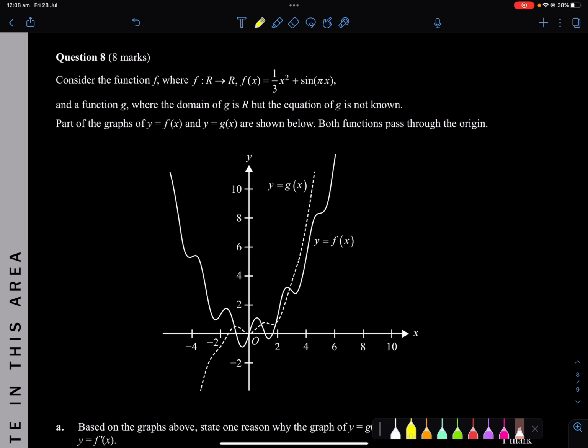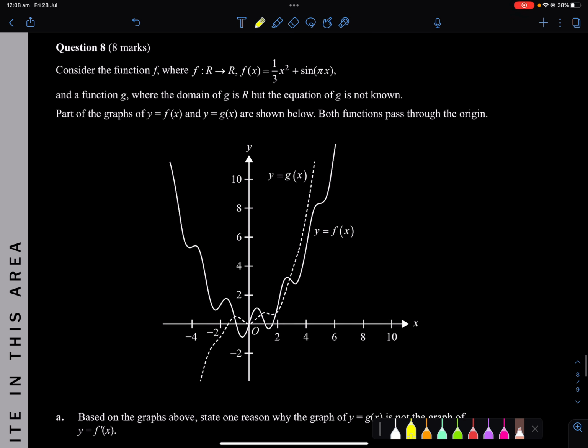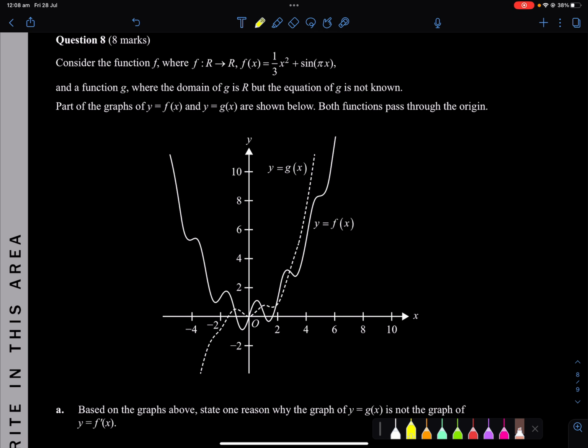Consider the function f, where f is defined on all reals, and we have f of x. And a function g, where the domain of g is all reals, but the equation of g is not known.